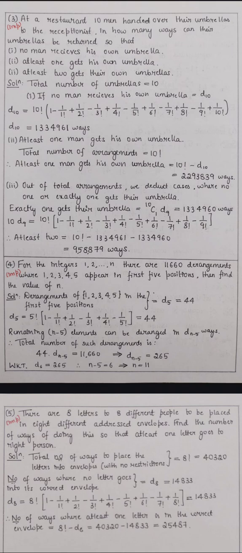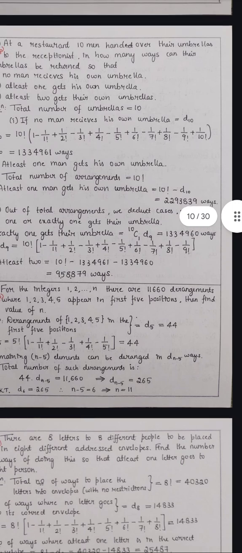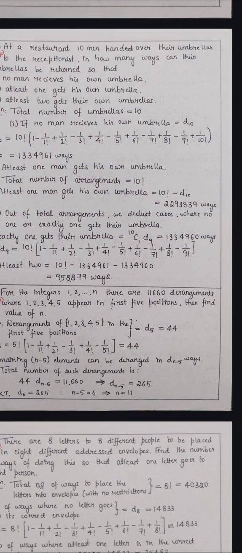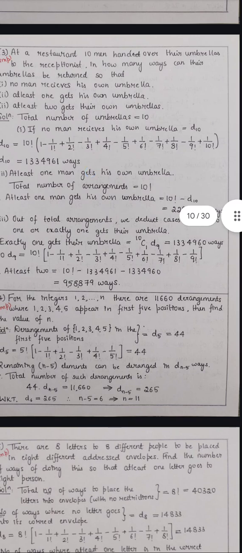So here what we have done is, for at least 2 get their own umbrella, it is 10 factorial minus the case where no one gets umbrellas. We are deducting 2 cases here: no one gets umbrellas and exactly 1 gets an umbrella. If we delete these 2 cases, then we will get 958879 ways.